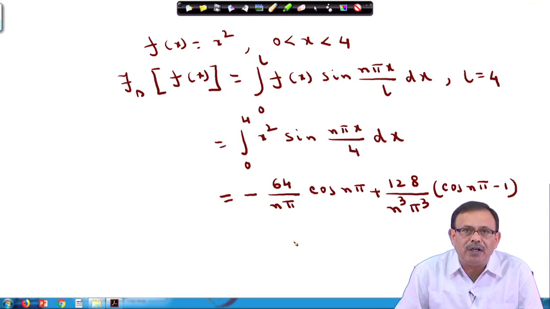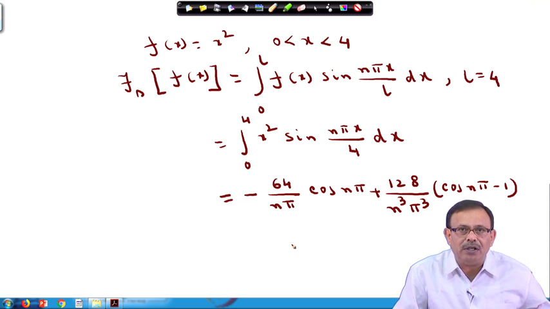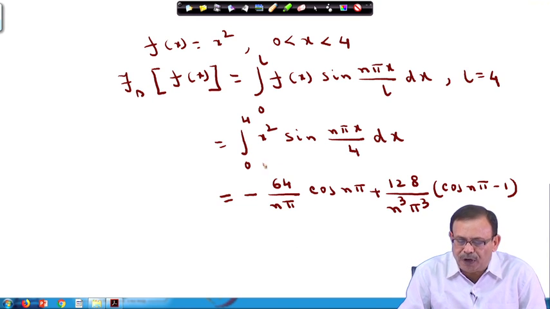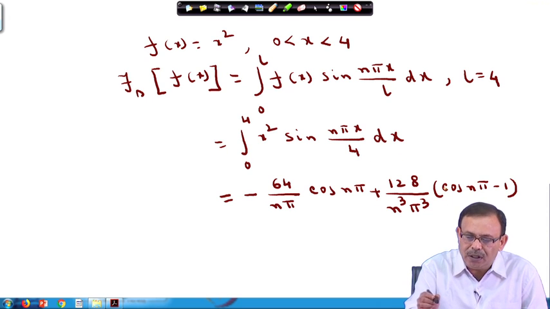So, the finite Fourier sine transform of f(x), from the definition, is the integral from 0 to L of f(x) sin(n pi x by L) dx, and for this case the function is x square and x is defined from 0 to 4, so L equals 4. If I put it in, the integral becomes 0 to 4 of x square sin(n pi x by 4) dx, and you will get this particular result.